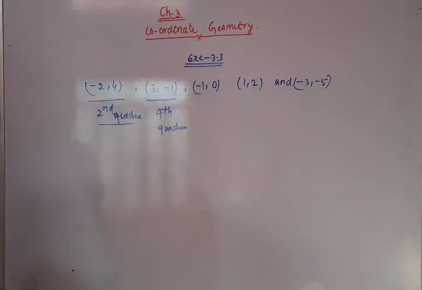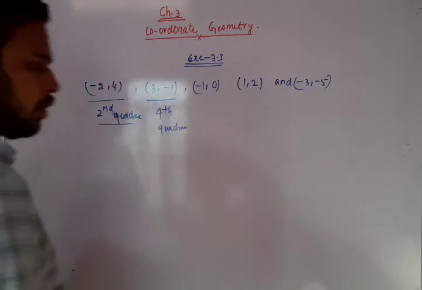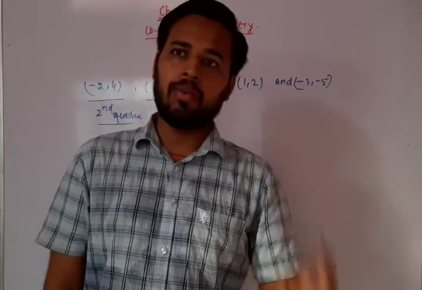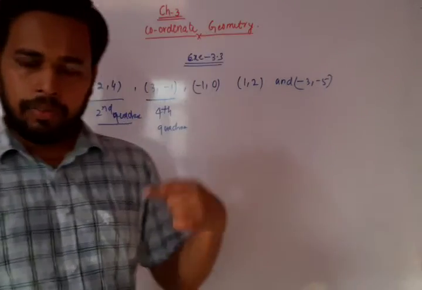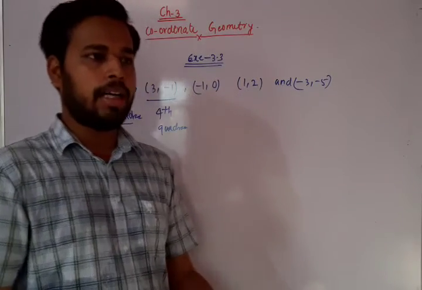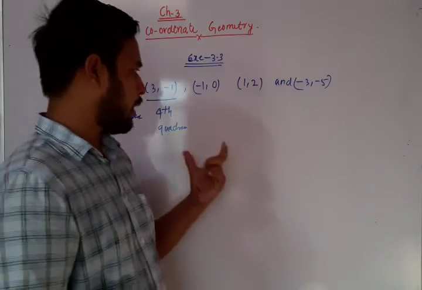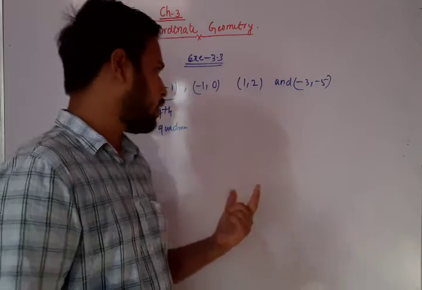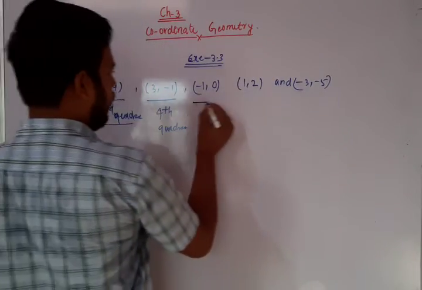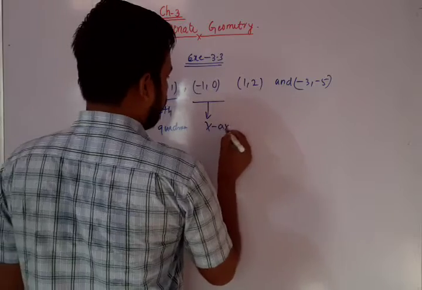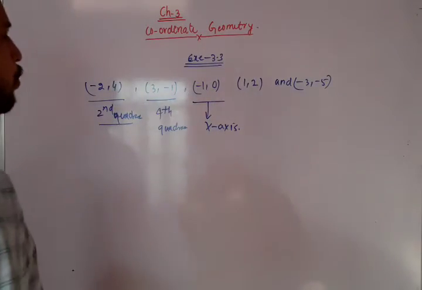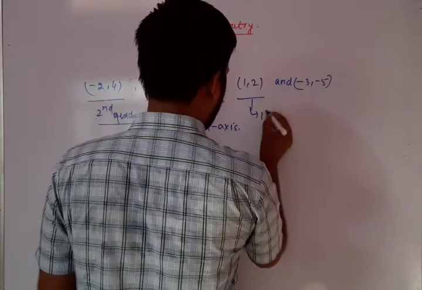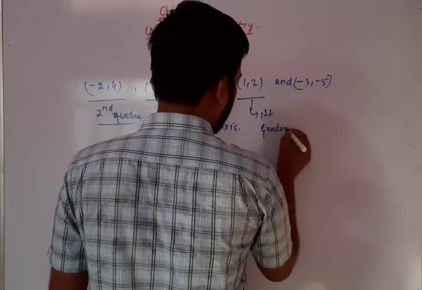(-1, 0). See, whenever one coordinate is 0, either x or y: if x is 0, then that point lies on the y-axis. If y is 0, then that point lies on the x-axis. Now here y is 0, so this will be on the x-axis. (1, 2), both are positive, so first quadrant.